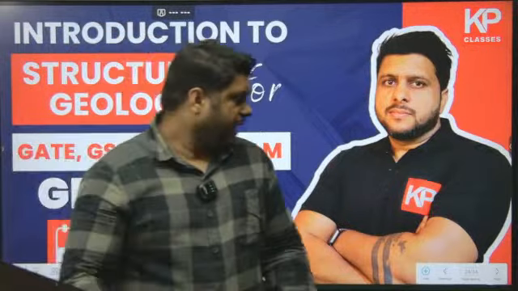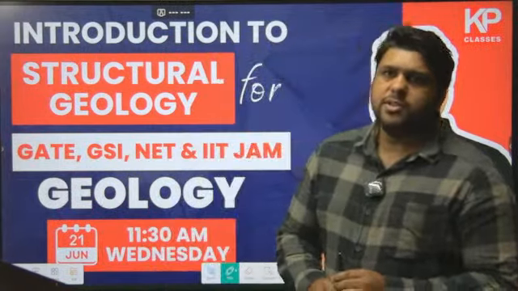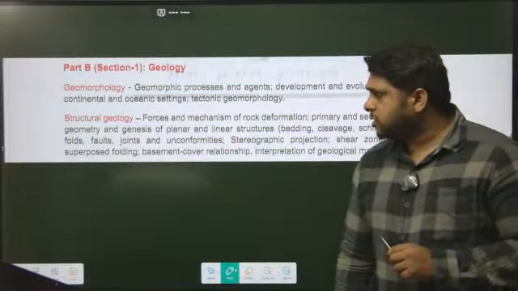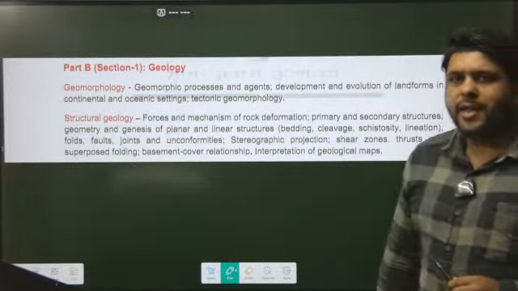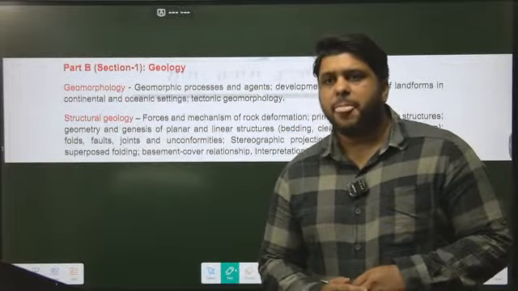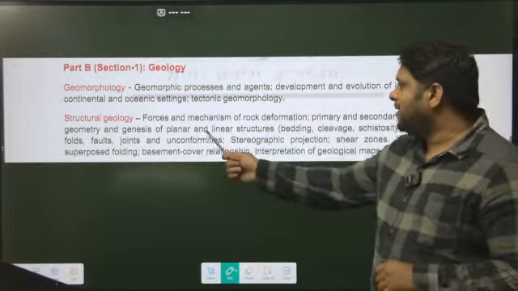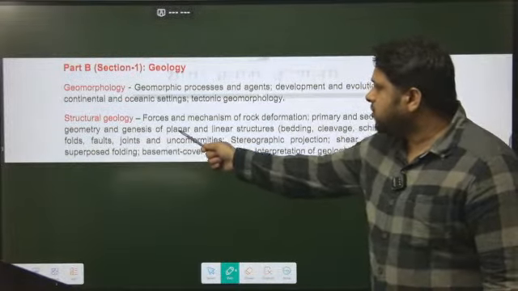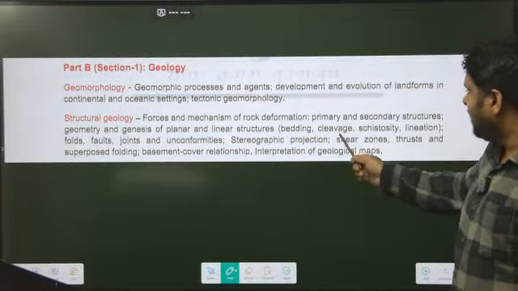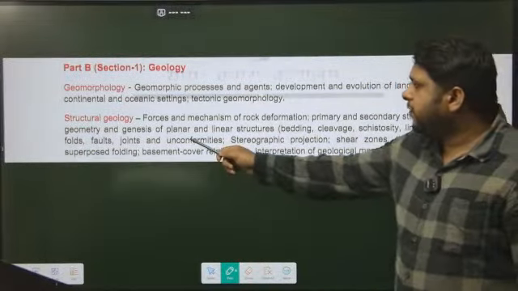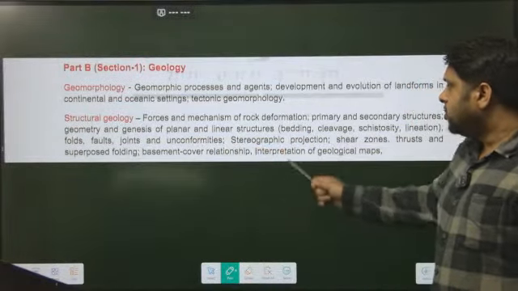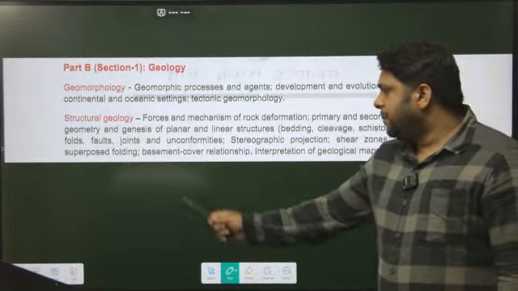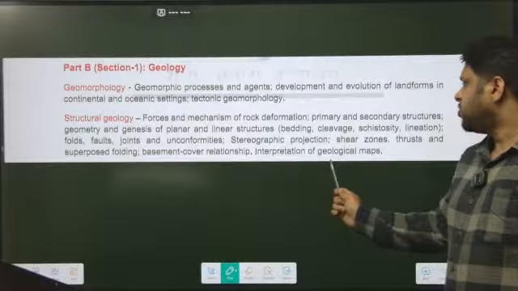If you go and see the syllabus of structural geology in the GATE examination, it covers the forces and mechanisms of rock deformation, primary and secondary structures, geometry and genesis of planar and linear structures, bedding, cleavage, schistosity, lineation, folds, faults, joints and unconformities, stereographic projections, shear zones, thrust and superposed folding, basement cover relationships, and interpretation of geological maps.